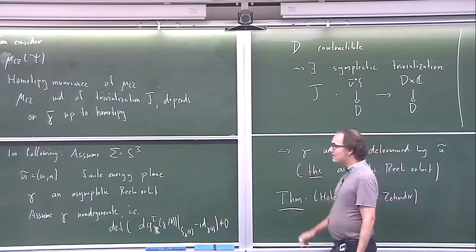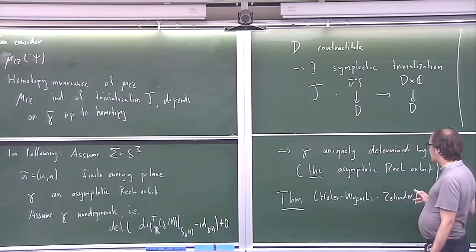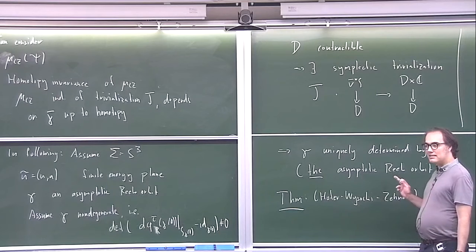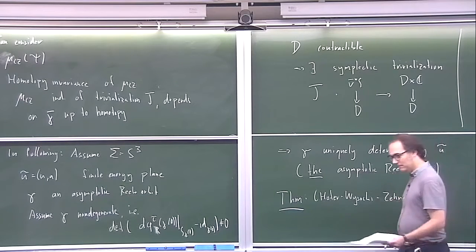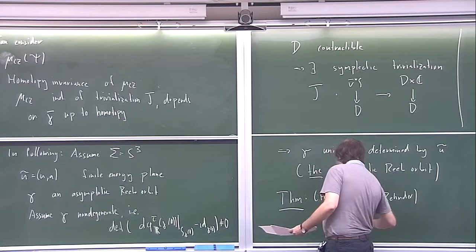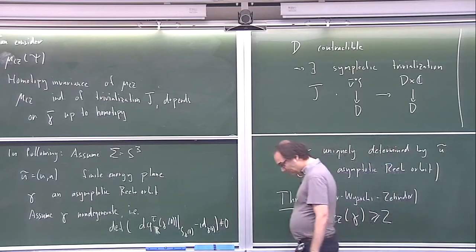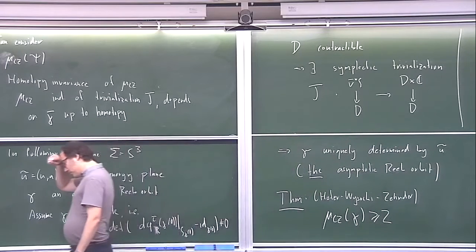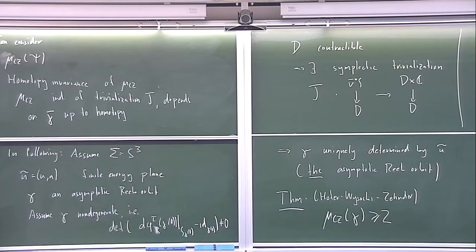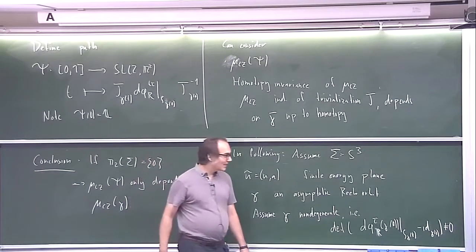Namely, under these assumptions, the Conley-Zehnder index of this asymptotic Reeb orbit is bigger or equal to 2. So you can think of this theorem as an automatic transversality result.